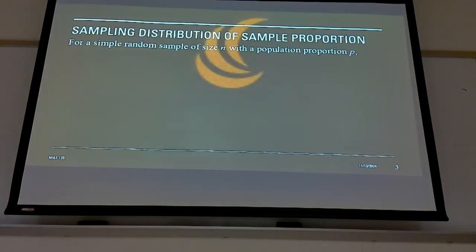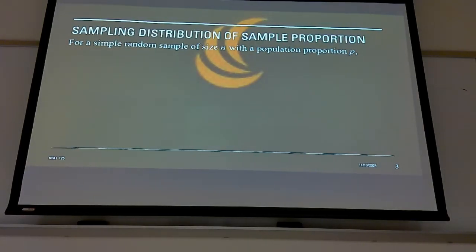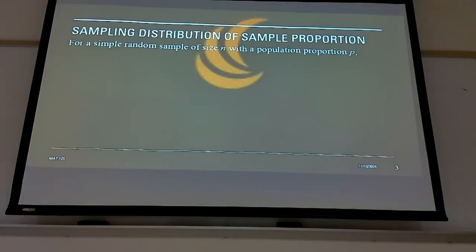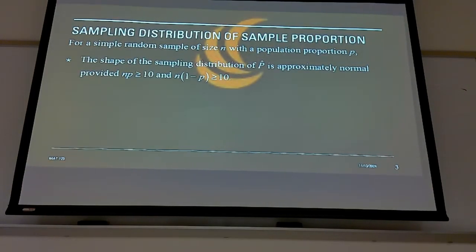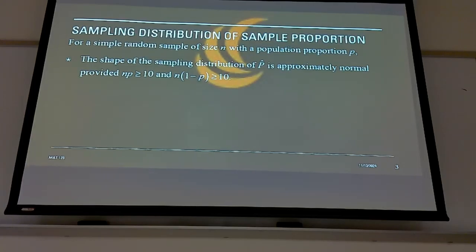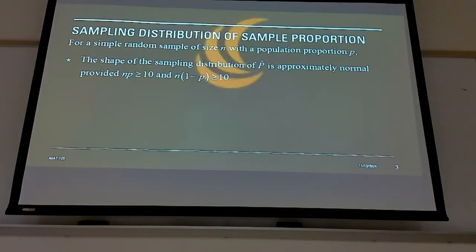For a simple random sample of size n with a population proportion p, the shape of the sampling distribution is approximately normal, provided that np is greater than or equal to 10, and n times 1 minus p is greater than or equal to 10.